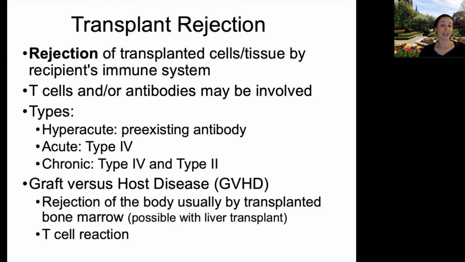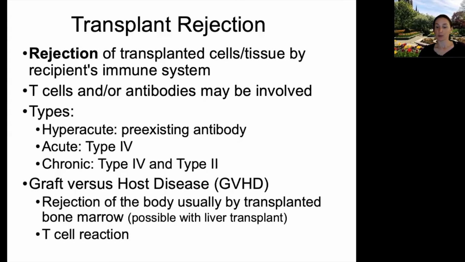Acute, which is a type 4 reaction. Chronic, which is a type 4 and a type 2. And you could have a graft versus host disease, where there's rejection of the body, usually by transplanted bone marrow.